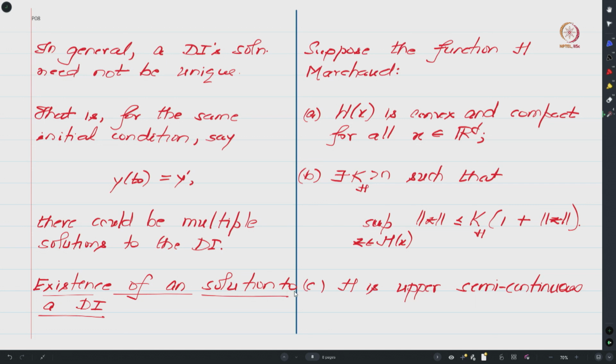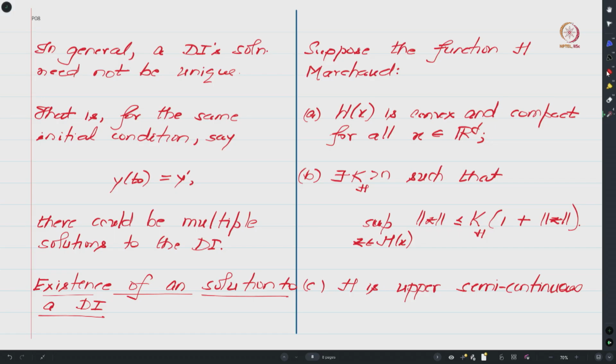One of the sufficient conditions that guarantees the existence of solutions of the DI is that this function h be Marchaud. So, when is a set valued function h Marchaud? Well, it is Marchaud if it satisfies the three properties listed over here. In particular, the first property requires that for every x, h of x, which is a set, should be convex and compact.